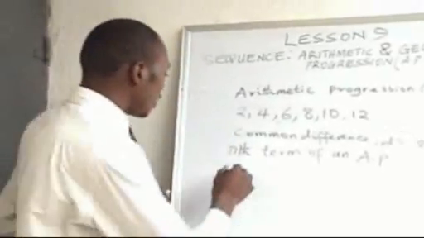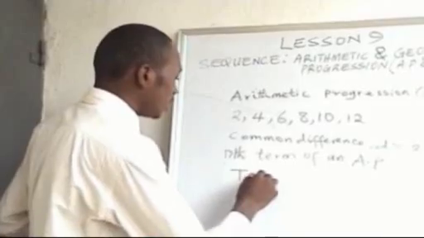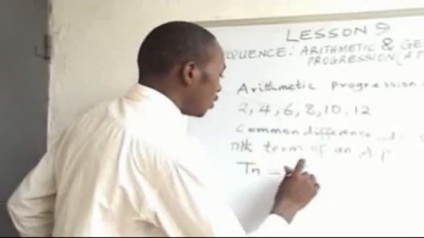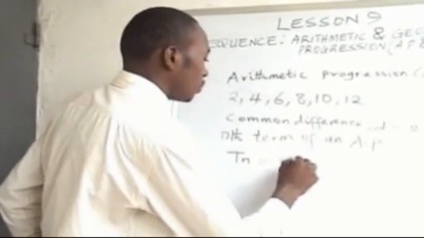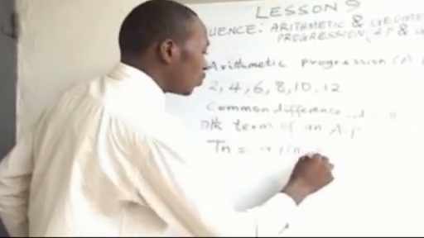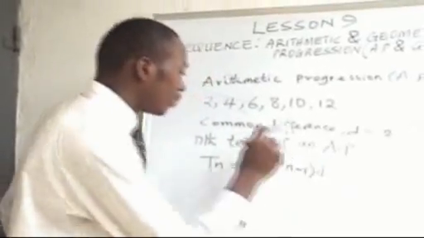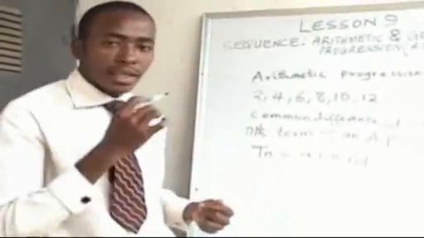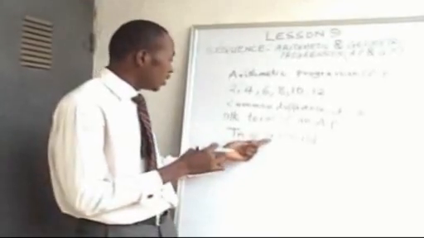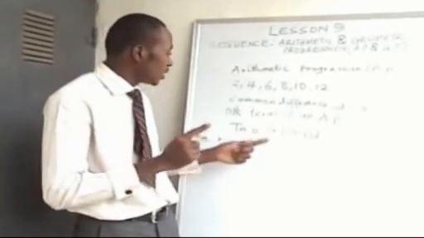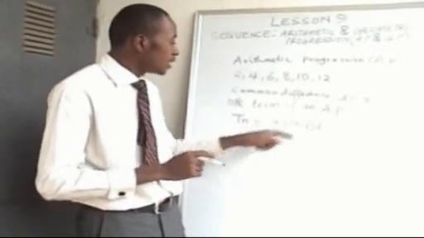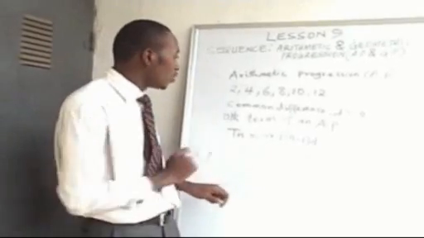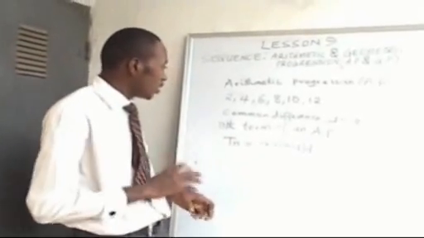The nth term of an AP, Tn, is given as a plus (n minus 1) all multiplied by d, where Tn is the nth term, a is the first term in the sequence, n is the number of terms in the sequence, and d is the common difference in the sequence.